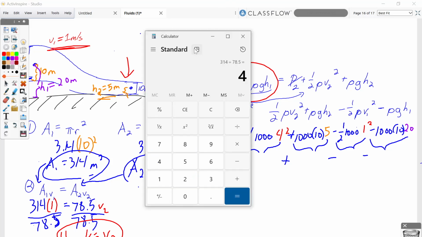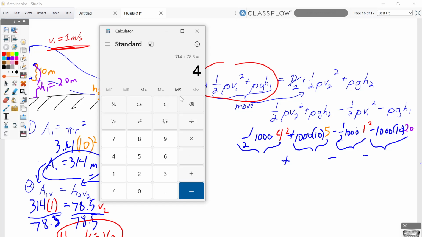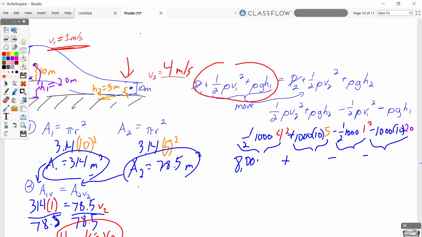So 4 squared, 4 times 4 times 1,000, 4 times 4 times 1,000 divided by 2 gives me 8,000. 1,000 times 10, 10,000 times 5.